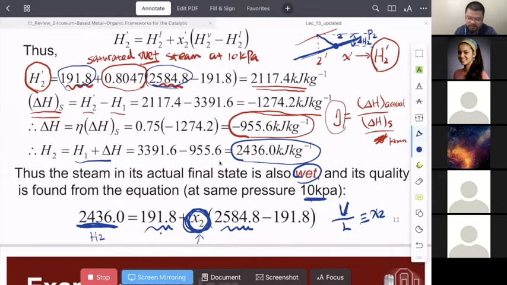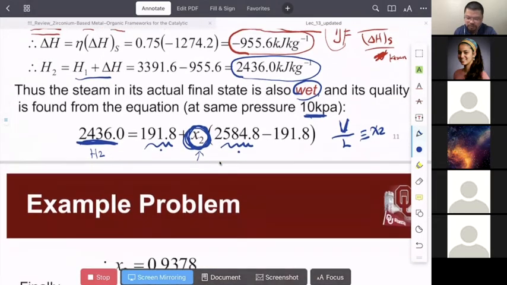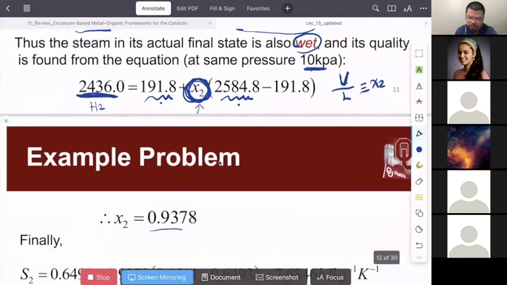Those would be the corresponding liquid, and that would be the corresponding saturated vapor at that 10 kPa. So moving forward, one more step, we are able to solve for X2. And indeed, this is between 0 and 1. Okay? So that is a confirmation that our assumption is correct. The final state, the actual final, is also a wet state, having both liquid and vapor.